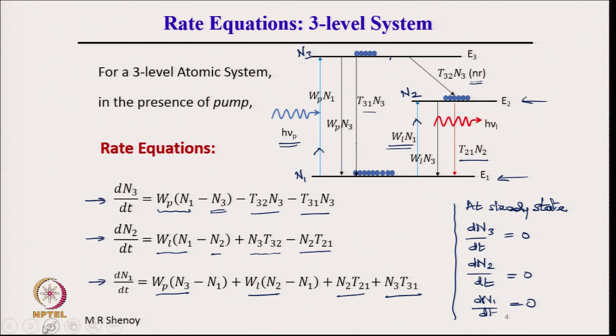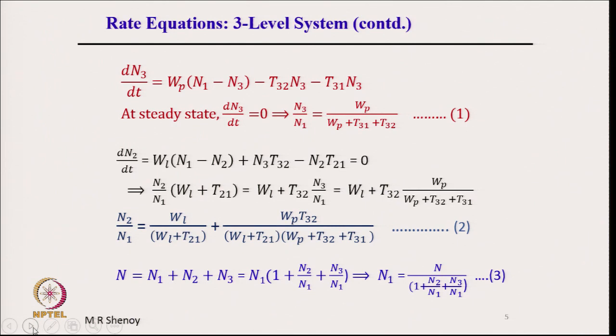All right. So, let us use the first equation here, dN3 by dt equal to 0. So, this term here is equal to 0. If we put that equal to 0, then we can simplify this. We take N3 terms to one side, that will leave N1 only here.